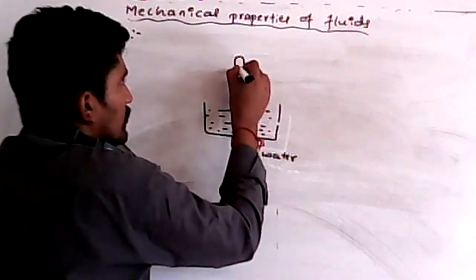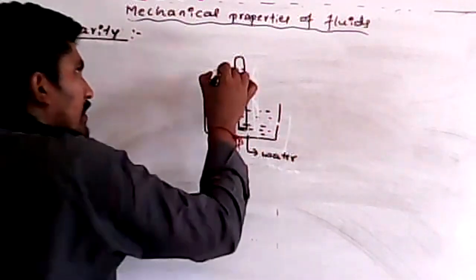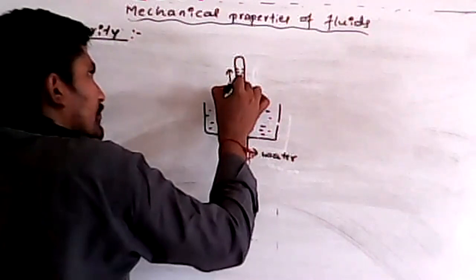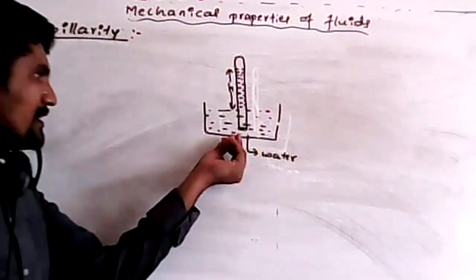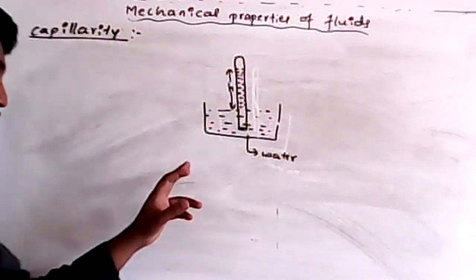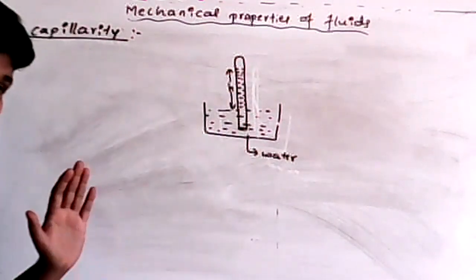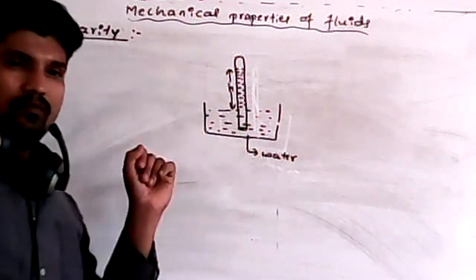It is just because of surface tension. This height is called h. Water rises up to a certain height due to surface tension. This is happening in water.